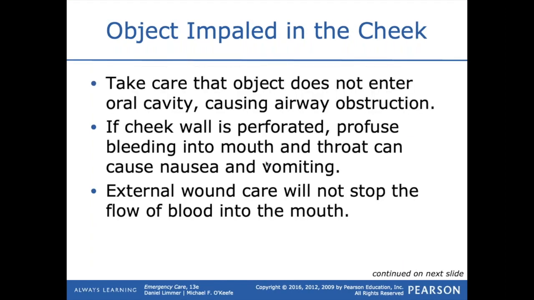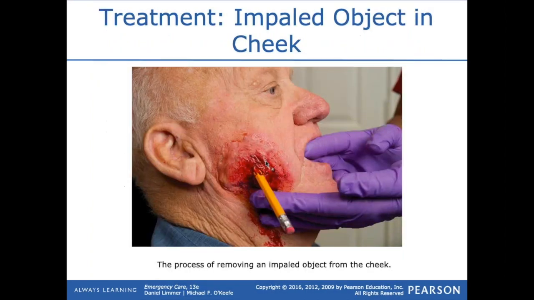Now with the cheek, the problem with the cheek wound is blood into the airway, and also vomiting. This could obstruct the flow of vomit and cause them to aspirate. So the thing with the cheek is you can reach in there and feel the tip of that pencil, and where is it?